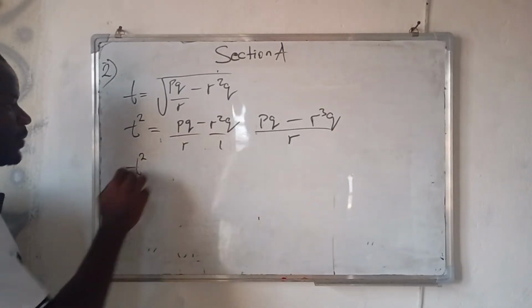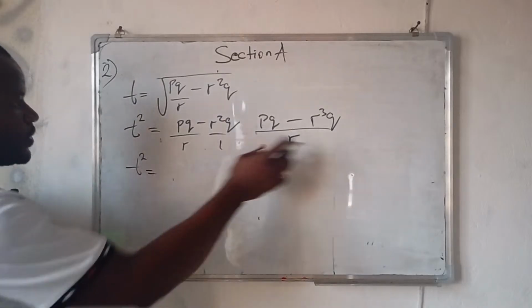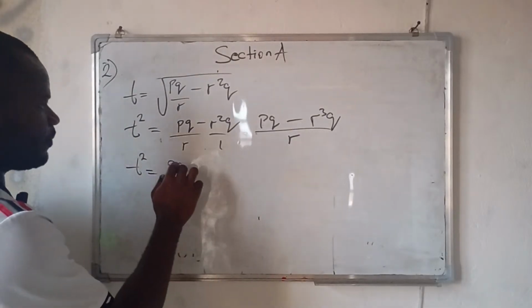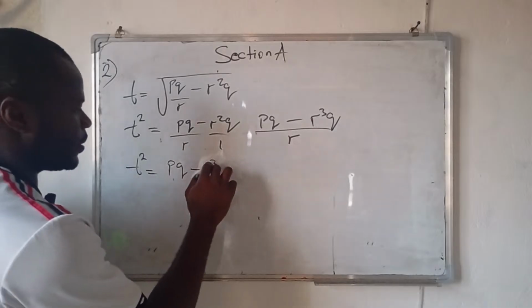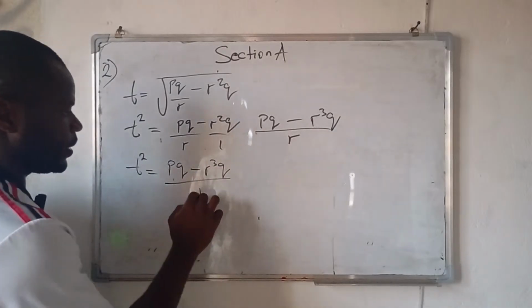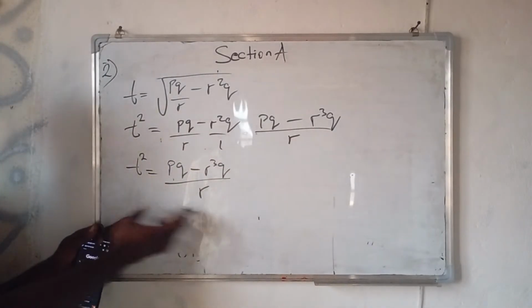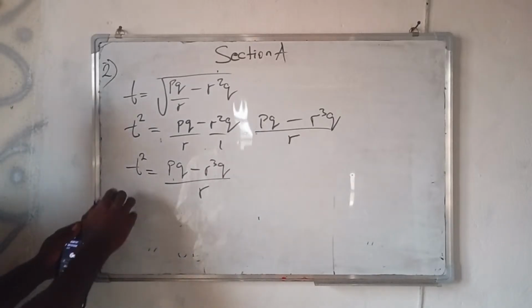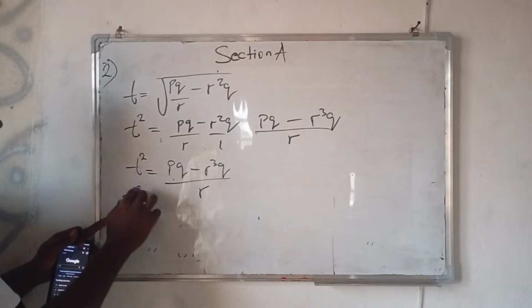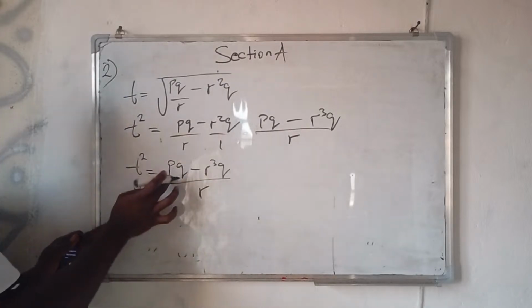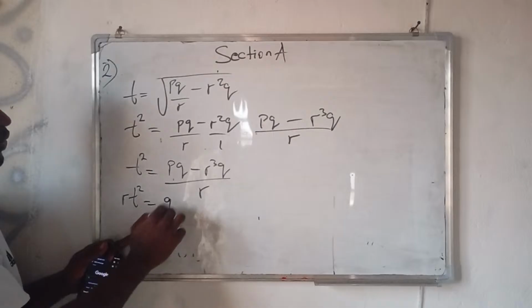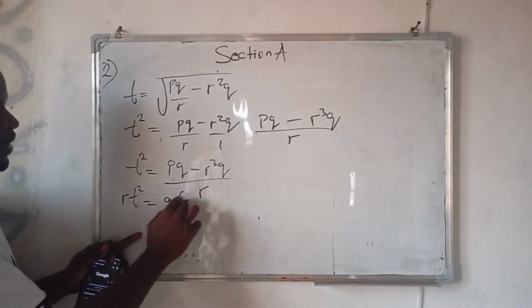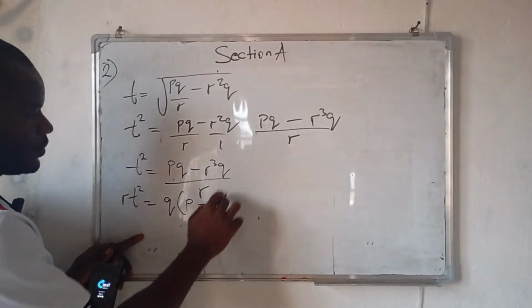Then we have t squared is equal to pq minus rq all over r. Now we can do our cross multiply. So r will go and meet t squared. Here we have rt squared is equal to, when we factorize here, we bring out q, and inside we have p minus rq.